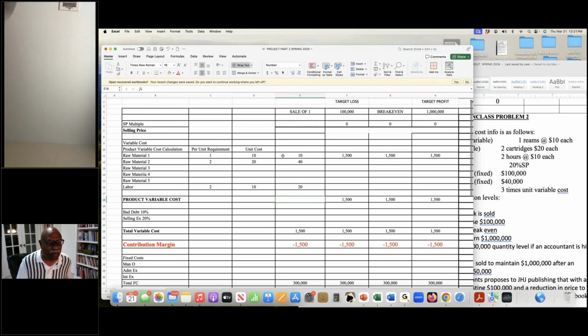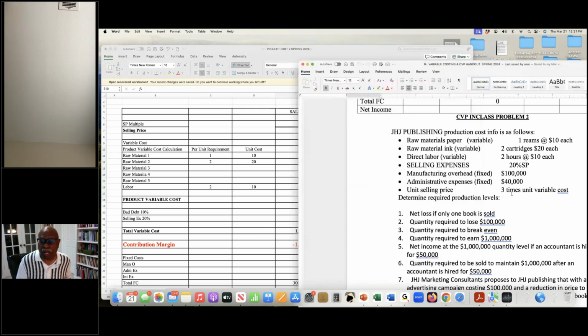Also, I had a question. When does this 20% selling price come into play, or selling expense? Okay, so let's auto sum here. 70. So we're at 70 now. Our selling price multiple in this problem is 3 times the unit variable cost. So our selling price multiple is 3.